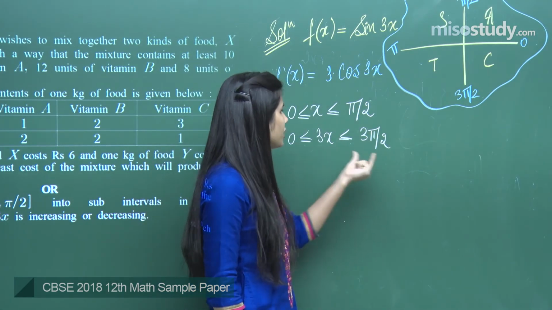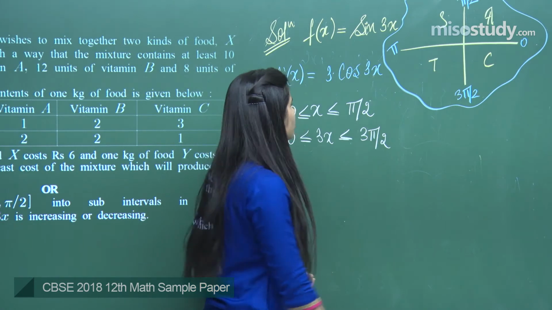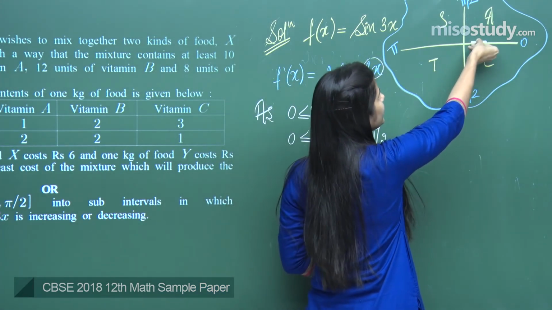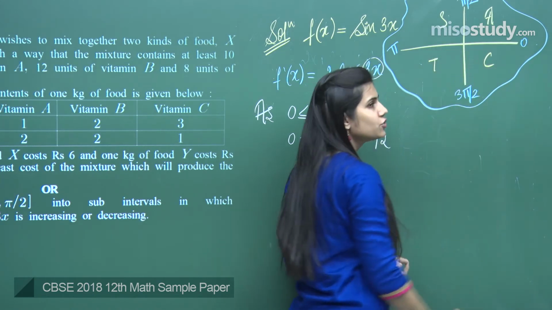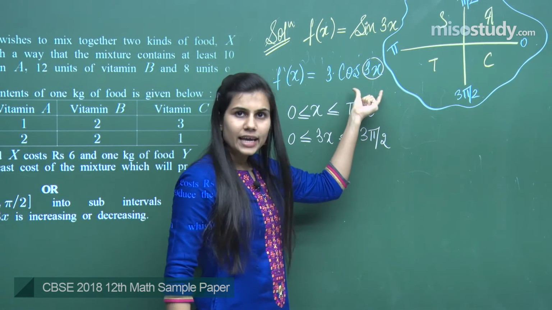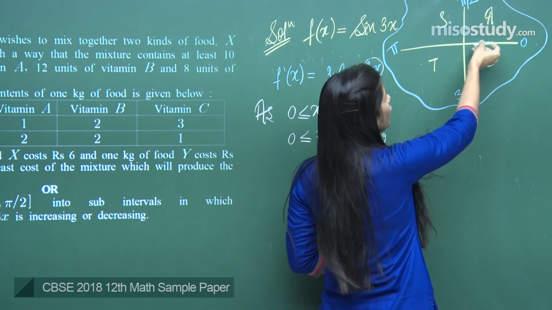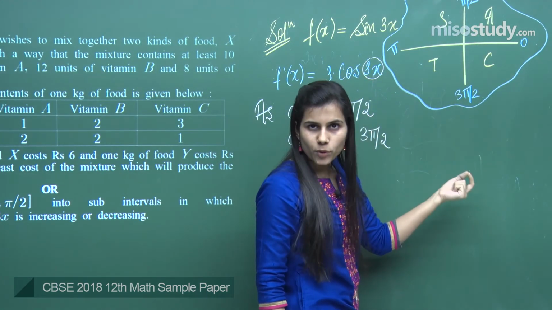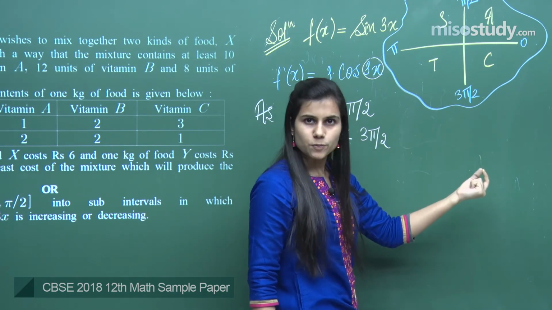If 3x is ranging from 0 to 3 pi by 2, that means this angle is ranging from 0 to 3 pi by 2. That means cos 3x will be what? Well, when 3x is ranging from 0 to pi by 2, cos 3x is positive. So 3 cos 3x is positive.